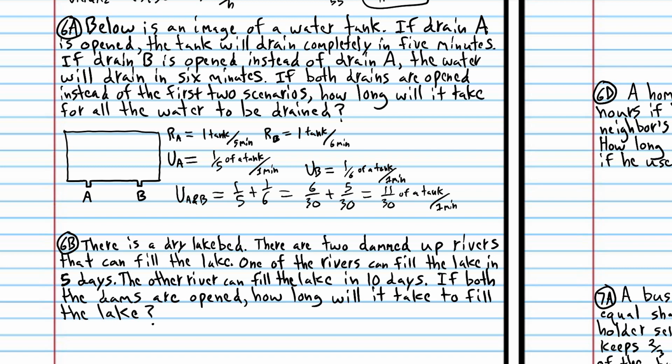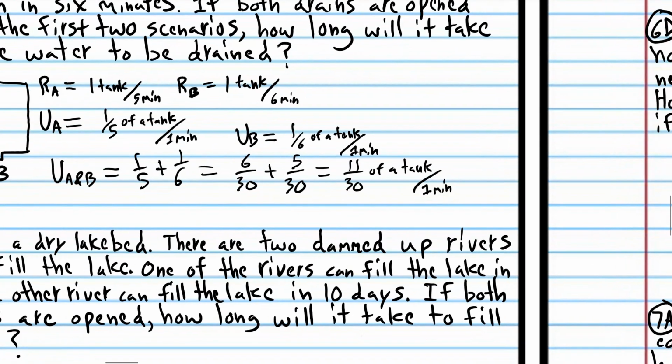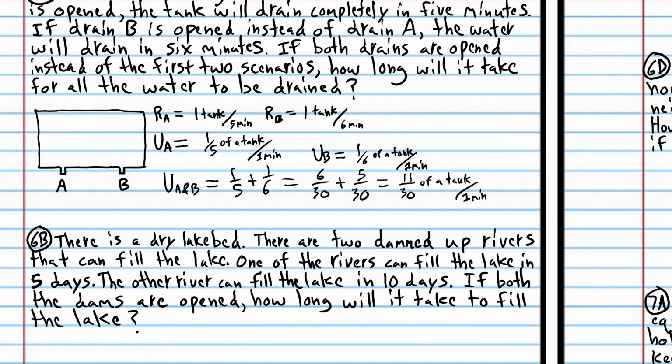Now you can actually look at that, and estimate approximately how long it would take to drain the tank. 11/30 is 1 minute, so you can double that to go to 22/30, and that would be 2 minutes. And you're getting really, really close, because we want to drain the whole tank.